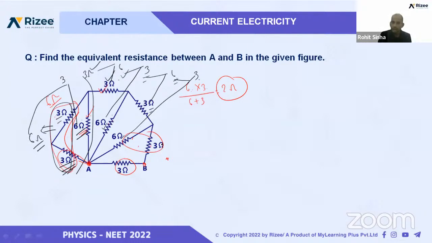Now this 3 and this 3 in series give 6. Now this 6 and this 3 in parallel give an equivalent of 2 ohm. Got it? Or is there still any confusion? Should I do it step by step? Any confusion till now?